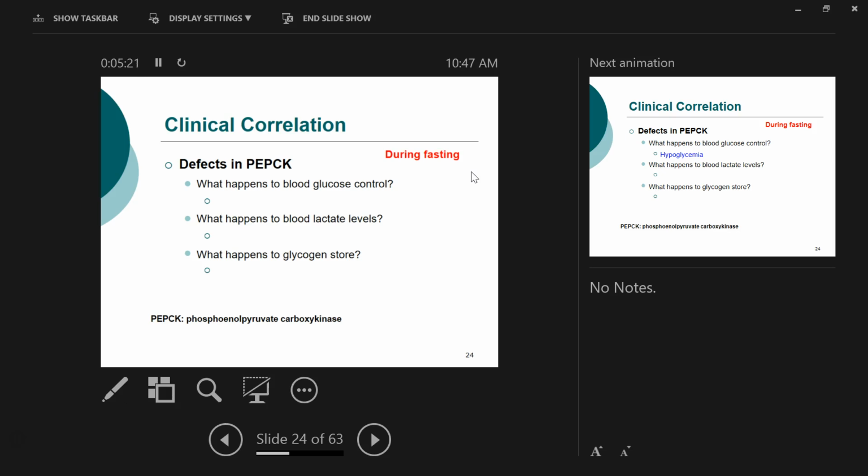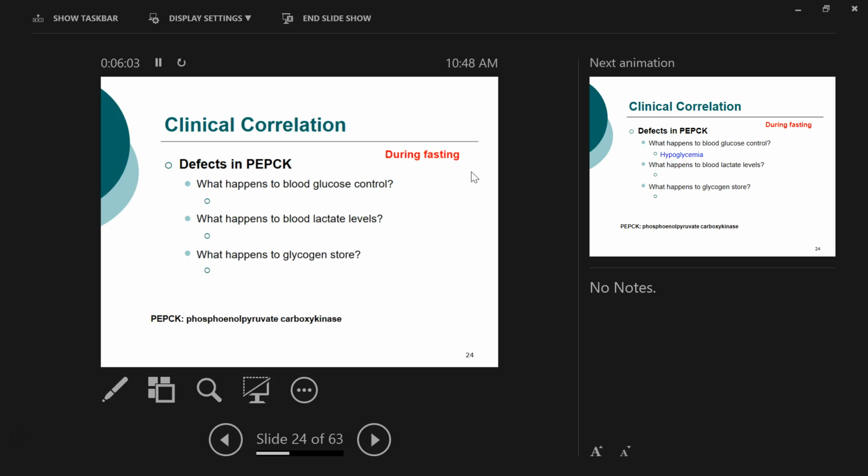So what happens to blood glucose control if the person doesn't have enough active PEP-CK? Yeah, hypoglycemia, right? We're not able to maintain the blood glucose level, so blood glucose will drop during fasting. So it's not a good idea for this kind of patient to experience fasting for a long time, right?